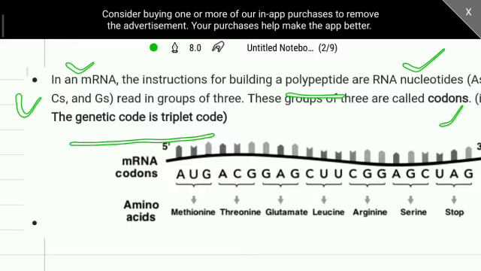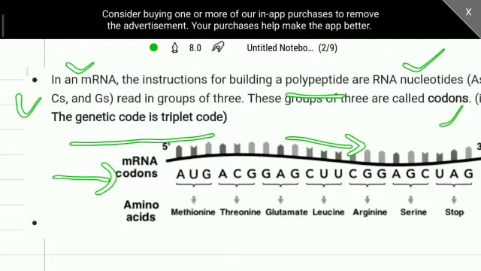In the diagram you can see an mRNA that is coming after the transcription process. This mRNA runs from 5' to 3' direction.